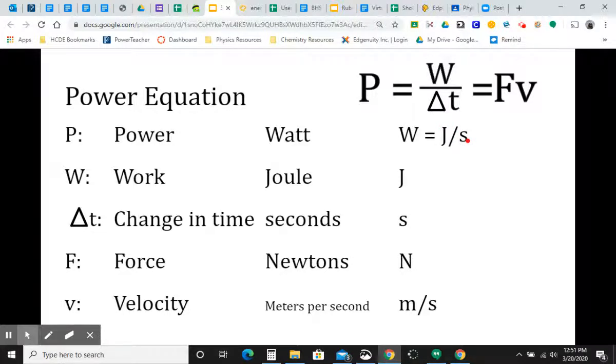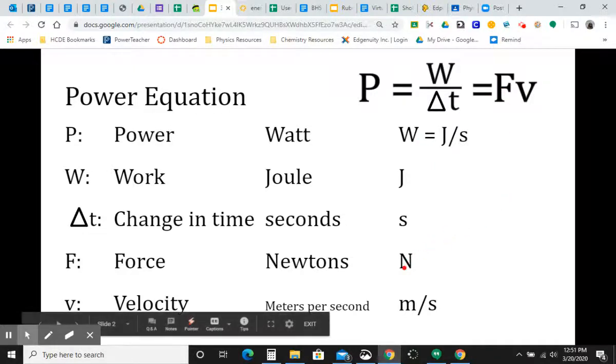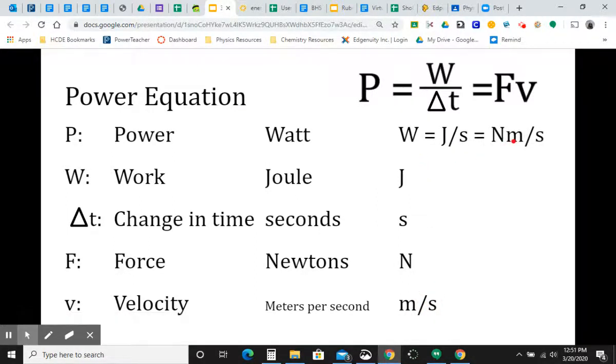The third way we can think about watts: remember, force we're going to measure in newtons, and velocity we measure in meters per second, and so we can think of a watt as a newton meter divided by second. In fact, we could break this down even more because we know a newton is a kilogram meter per second squared. And so kilograms meters squared per second cubed would also be a watt, but that's probably not going to be very helpful.